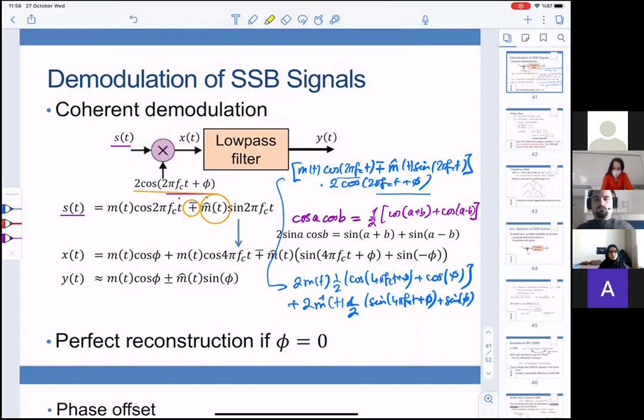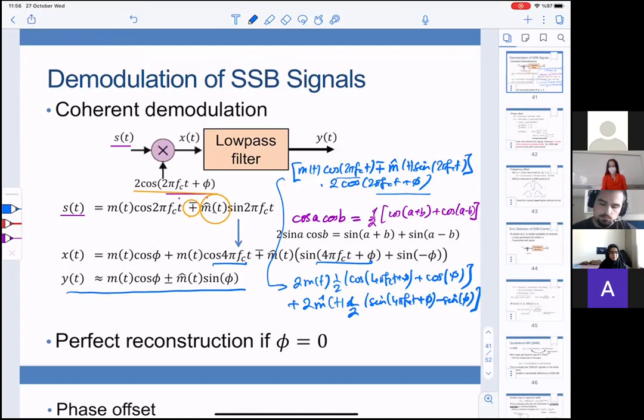So this is a, oops, this is a minus. Now after filtering out, the 4 pi fct terms will disappear, and we will have m of t cosine phi plus or minus m hat of t sine phi.